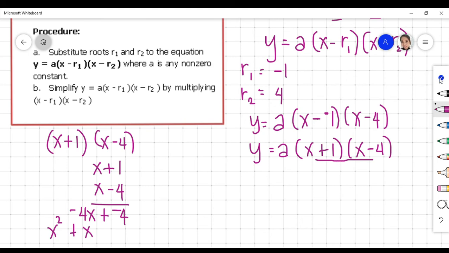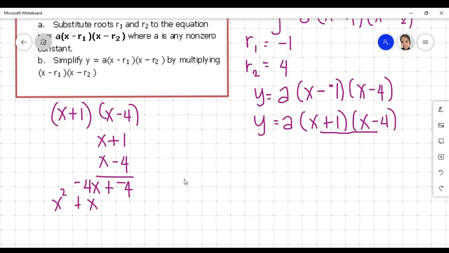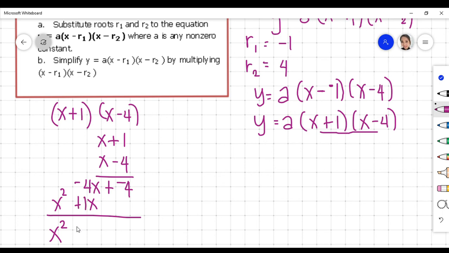Okay, so combining like terms, we have x squared, negative 4 plus 1, so that is negative 3x, copy x, and then minus 4. So y is equivalent to a.